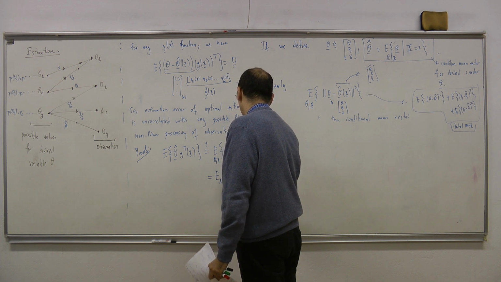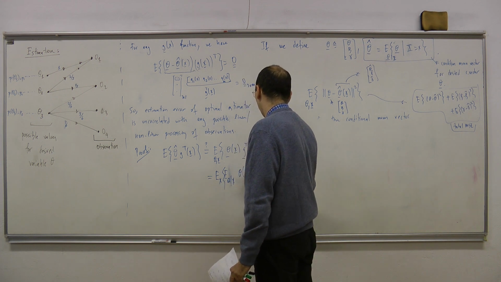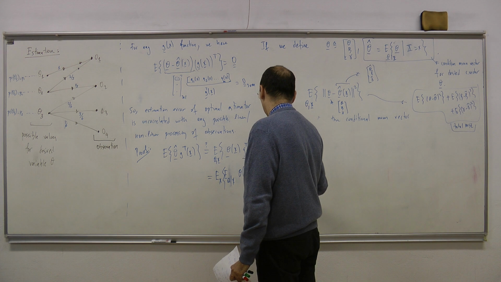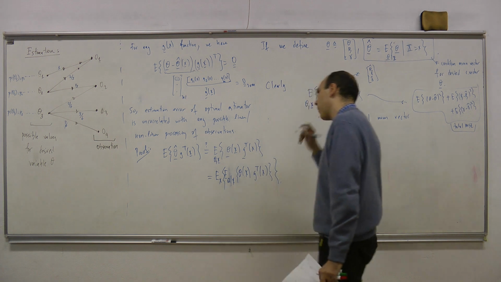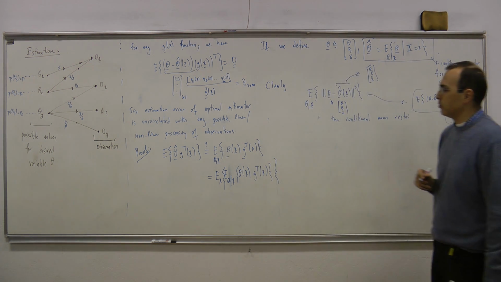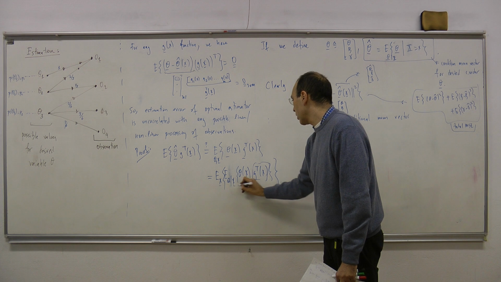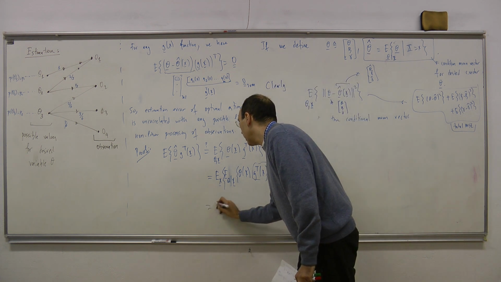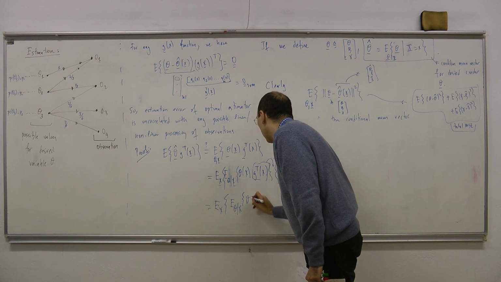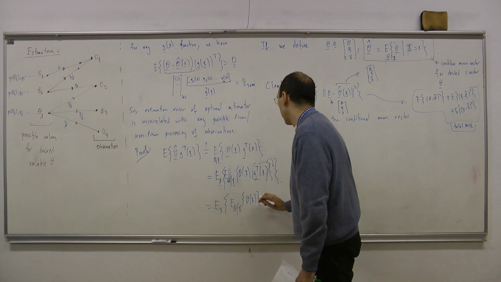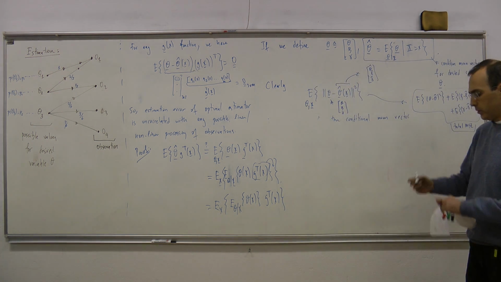Again, let me write it as two expectations. This is called iterated expectation. Now this is just, as you see, conditioned on x. It's just constant, so I can take it out. Then this is the expected value over x of the expected value of theta given x, times g transpose x. So I'm left with this.